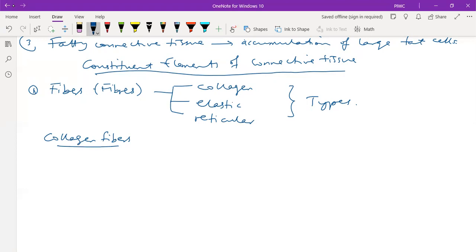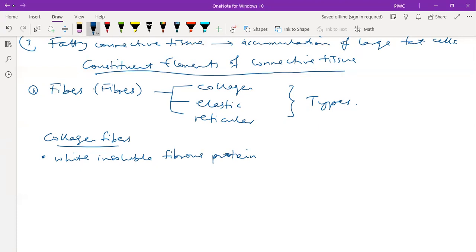Collagen is a white, insoluble fibrous protein, which when treated with water gradually breaks down to form soluble gelatin or glue. So collagen is a white and insoluble fibrous protein.